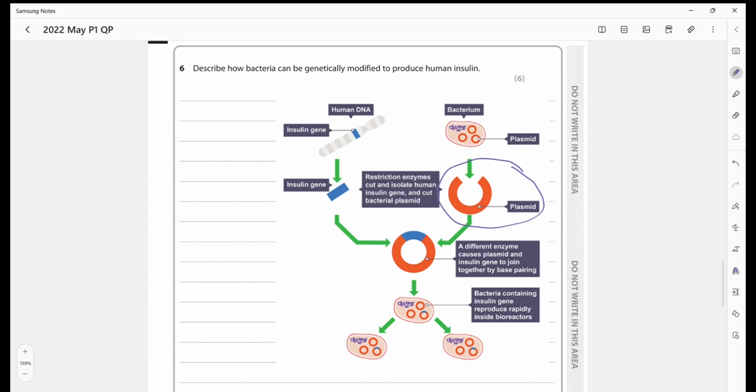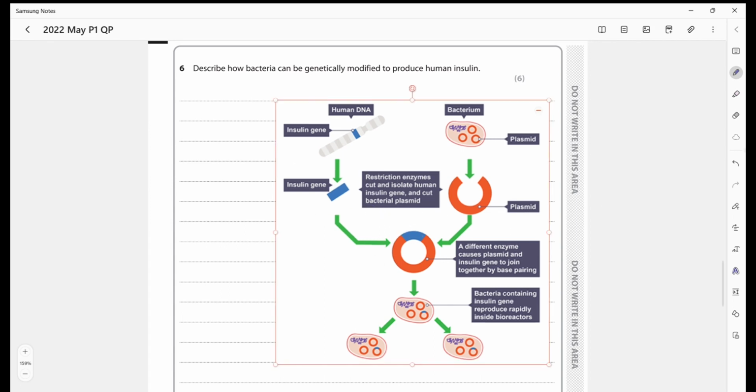And we can use this technology to our advantage. We locate the insulin gene and cut it out, insert it into the plasmid, then insert that plasmid into the bacteria, and then cause the bacteria to multiply and undergo cell division.